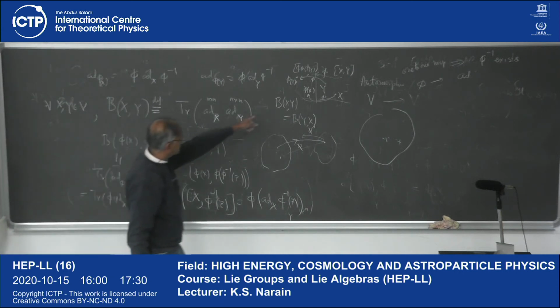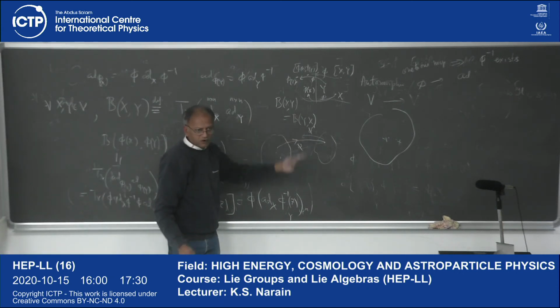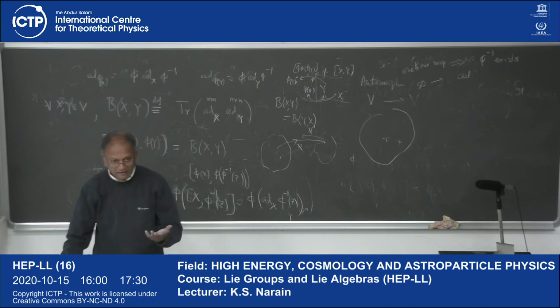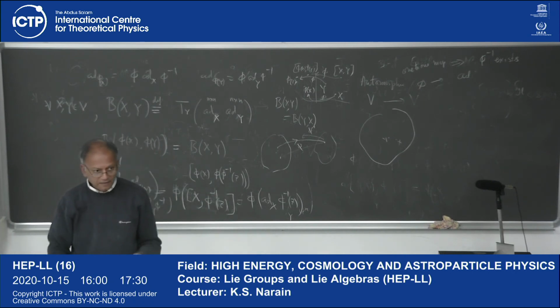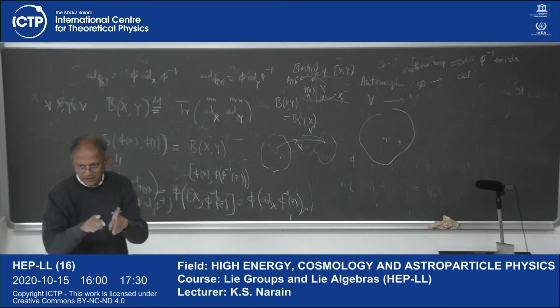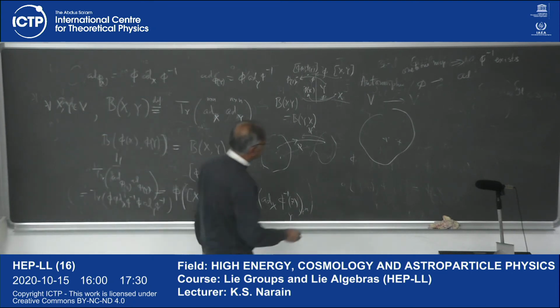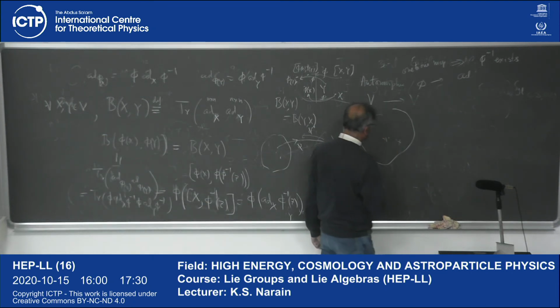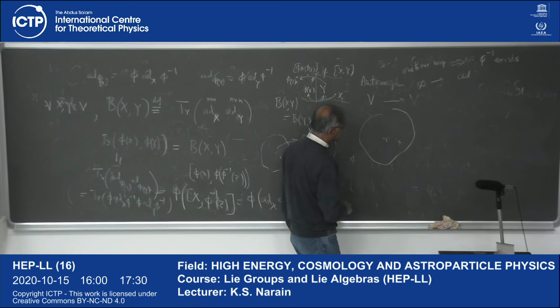Symmetric because b of xy was equal to b of yx, and this can define to you a metric, right? Given any two vectors, what you are giving is an inner product between these two vectors, right? So this gives you some kind of a dot product, some inner product. It's some number.